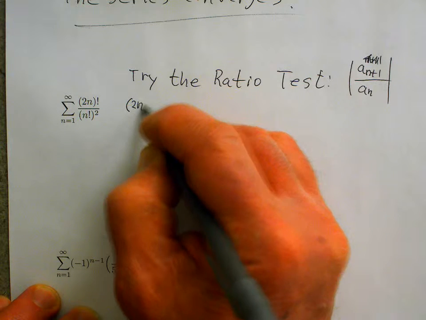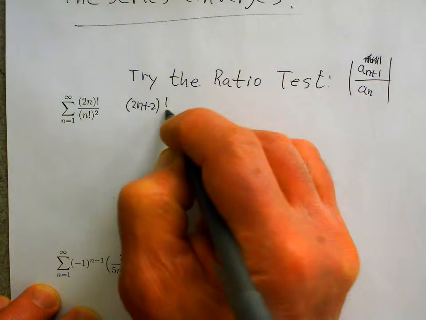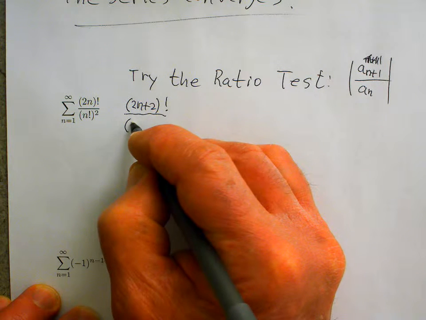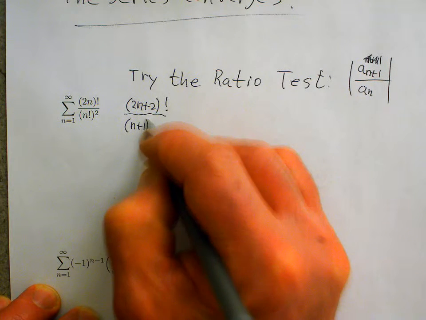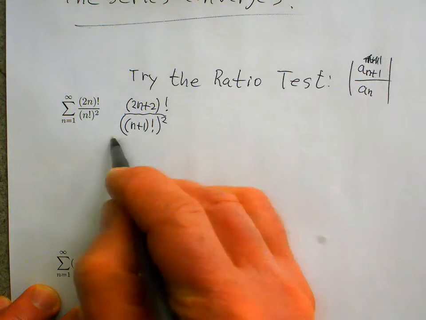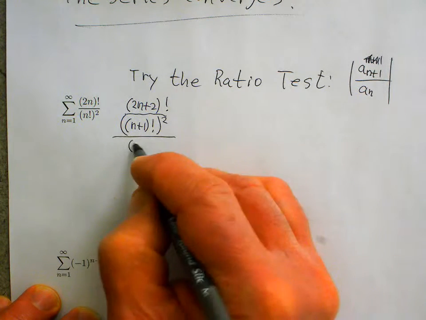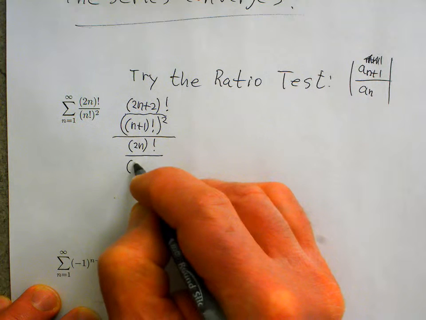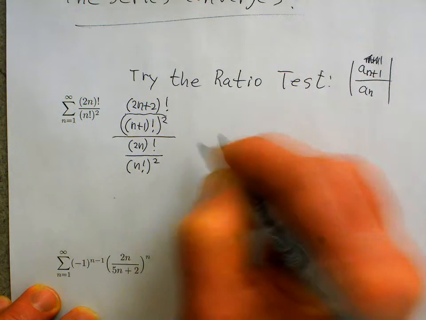So (2n plus 2) factorial over (n plus 1) factorial, squared, and then divided by 2n factorial over n factorial squared.